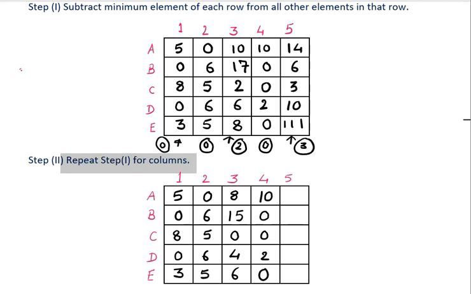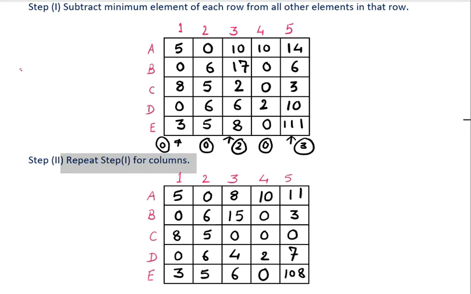So subtract 3 from all the entries. We get 14 minus 3, 11. 6 minus 3, 3. 3 minus 3, 0. 10 minus 3, 7. 11 minus 3, 8. So this is the matrix obtained by step 2 in the Hungarian method.